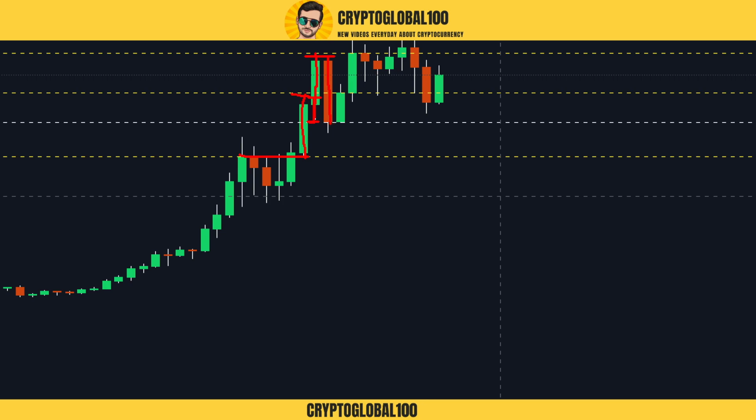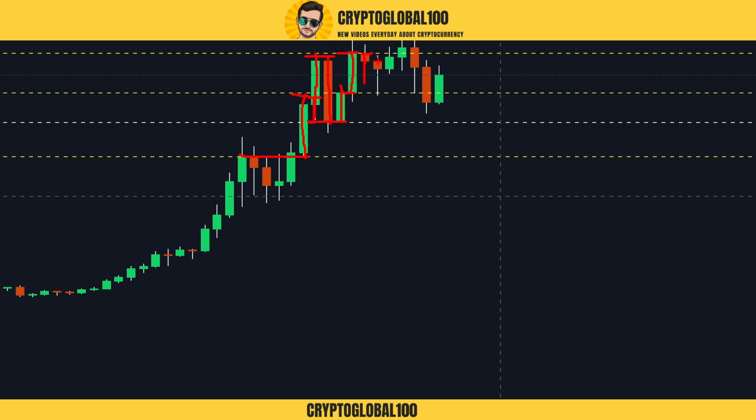Again it was rejected from this level, making its second rejection from this area. Then the price started from here, went up, restarted the other week, went up, and was rejected from this area again. The next candle tried to break that level but couldn't pass it, and came down and closed here.